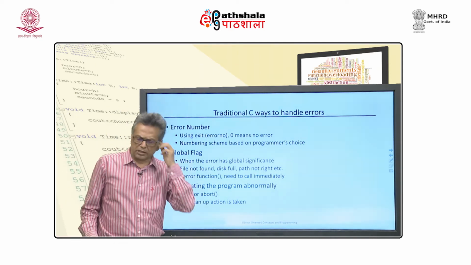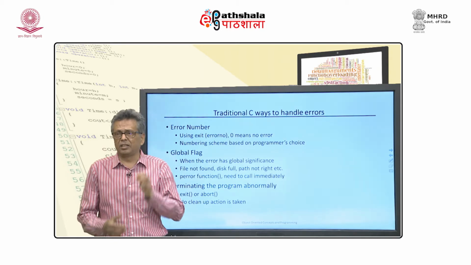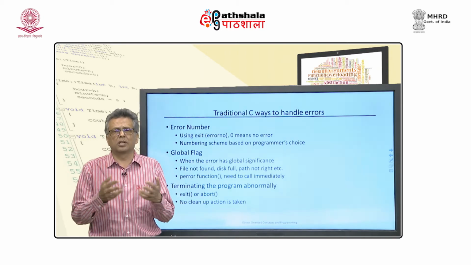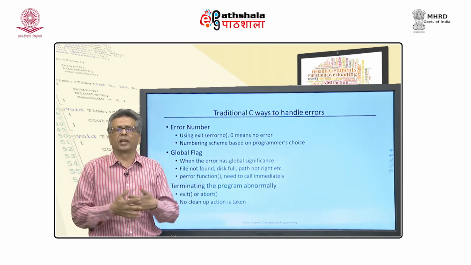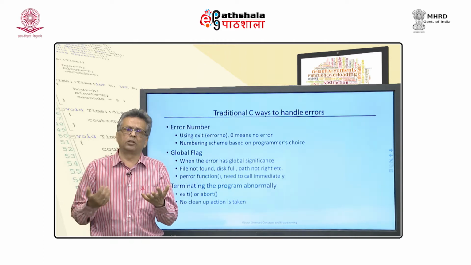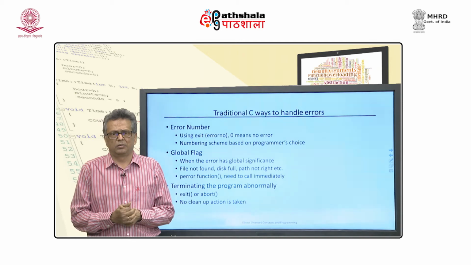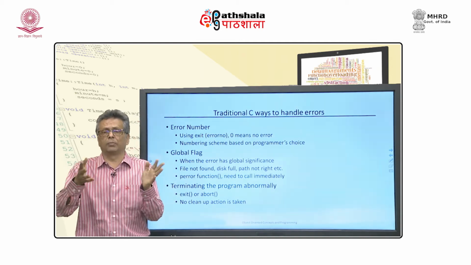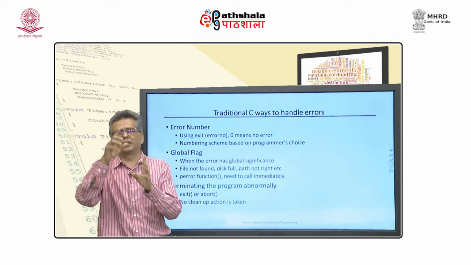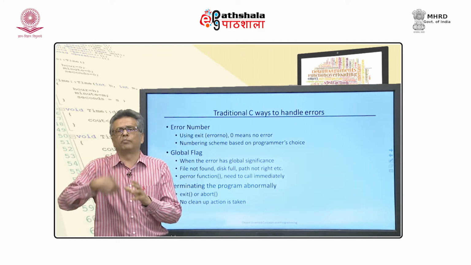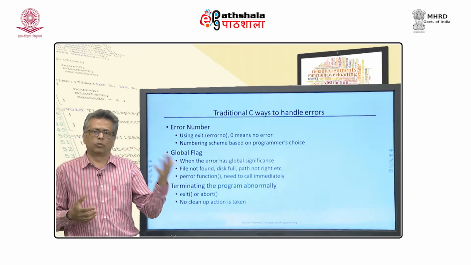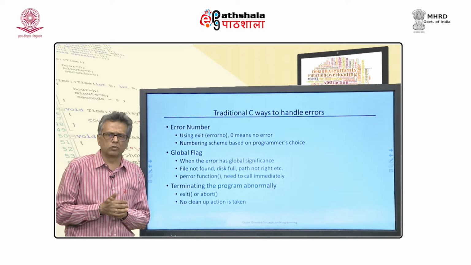One more method which is also quite generally used in C is to just terminate the program. If the user supplies a value which is not possible to be used in the next expression, what will you do? You just terminate. Or some better programmers will try going back to the loop, accept one more, give one more chance to the user to enter the value, and so on and so forth.